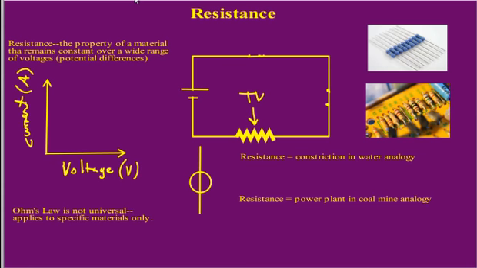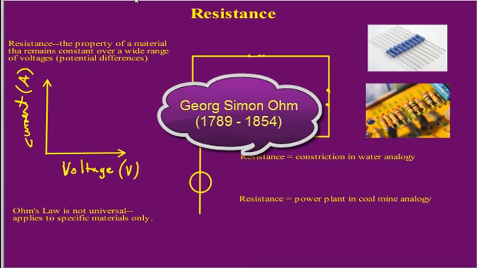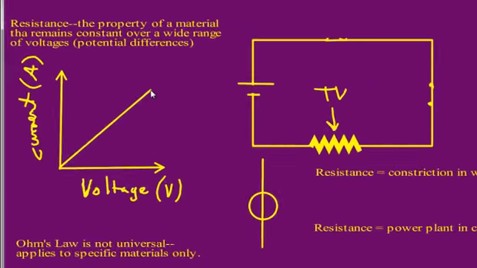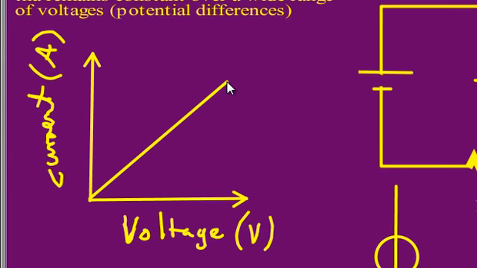All right, if you'll remember, thanks to our good friend Georg Ohm, in the 1800s, he found that when he applied a variety of potential differences to an electric circuit and graphed that data, he got a straight line graph, which means that there's something about the material that was staying constant, because remember, when we have a graph, it's got a constant slope, all right?